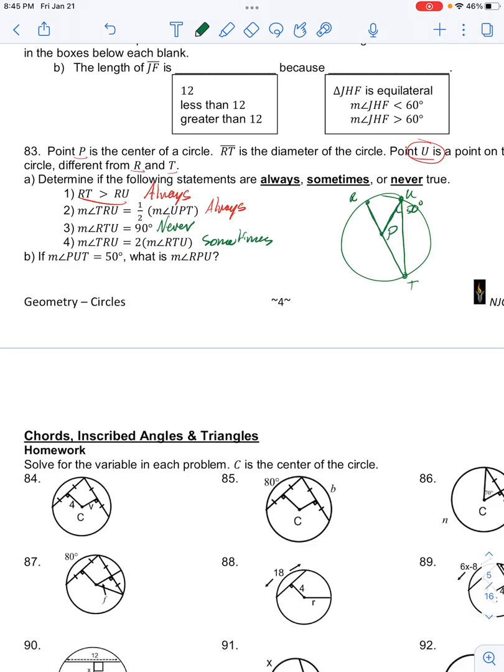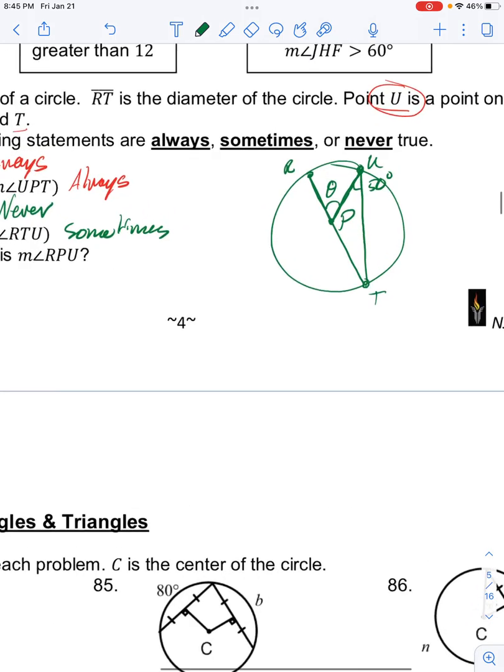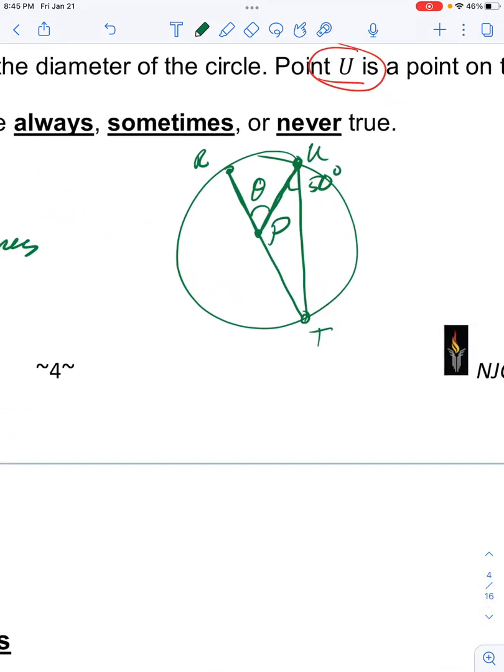The measure of RPU would be this angle, theta. We have a triangle formed here, so this segment must be congruent to this segment because they're both radii. They're the same measure. We form an isosceles triangle. So this angle at the bottom also has to be 50 degrees, same as this angle here. And that leaves this angle at P.